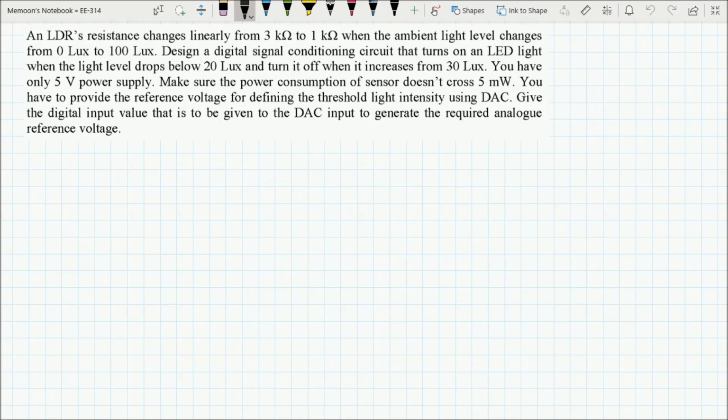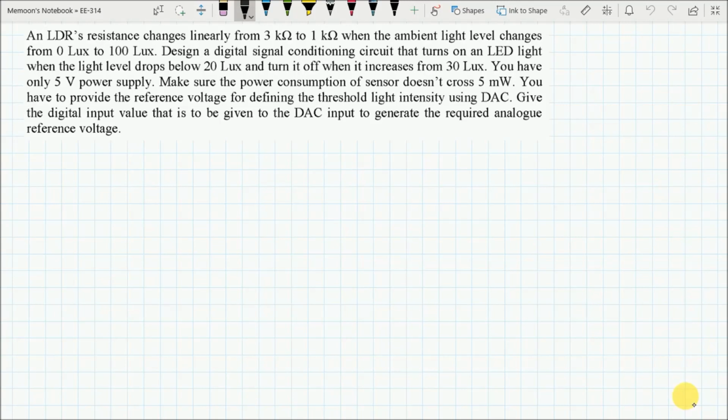You have to provide the reference voltage for defining the threshold light intensity using DAC. All right, give the digital input value that is to be given to the DAC input to generate the required analog reference voltage. All right, so this is a fairly complete design problem, and let's try to solve it step by step.